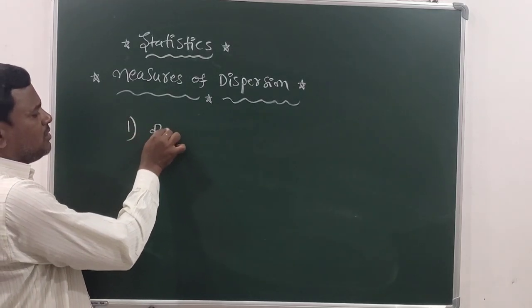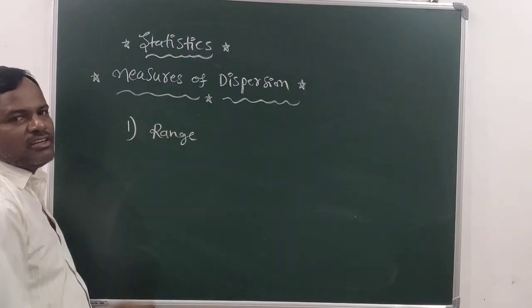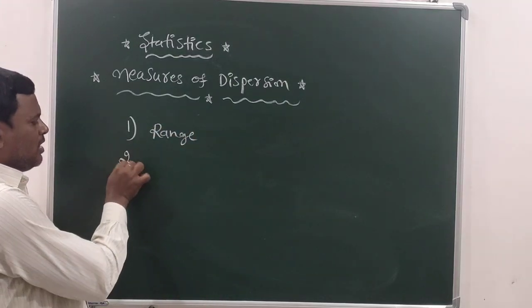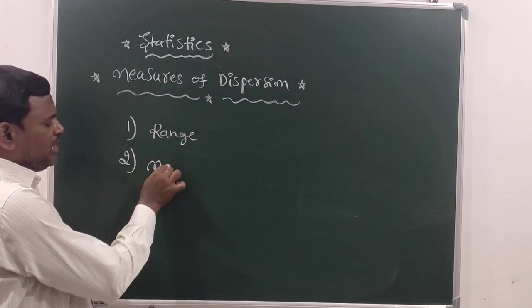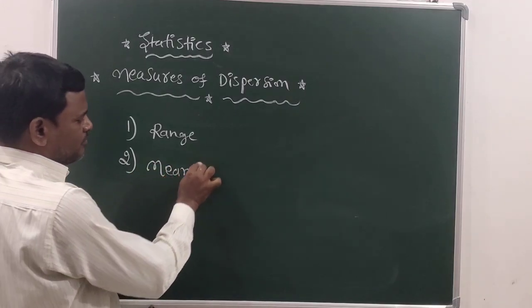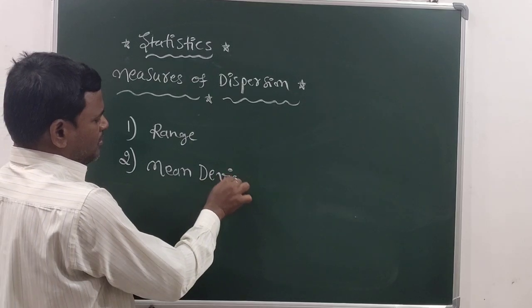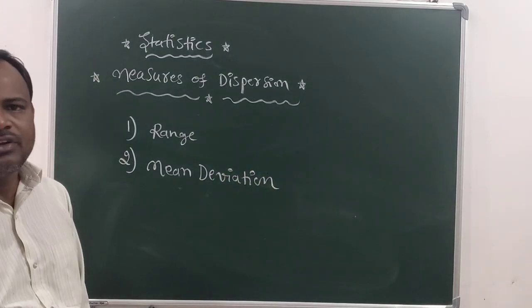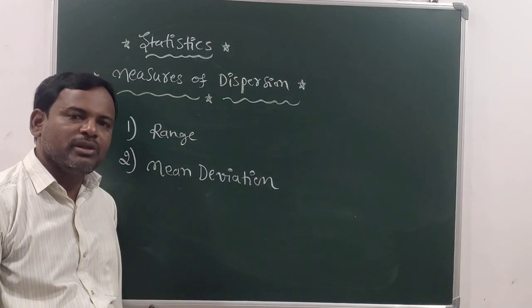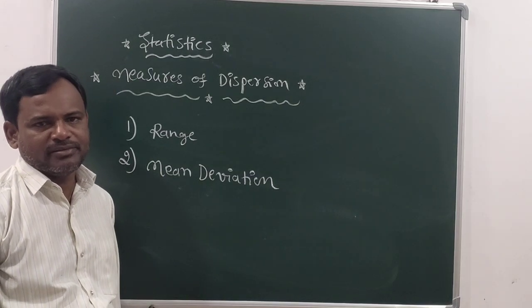first we measure how to find the range of the data, and then we learn mean deviation. This mean deviation we measure about their mean, about their median.